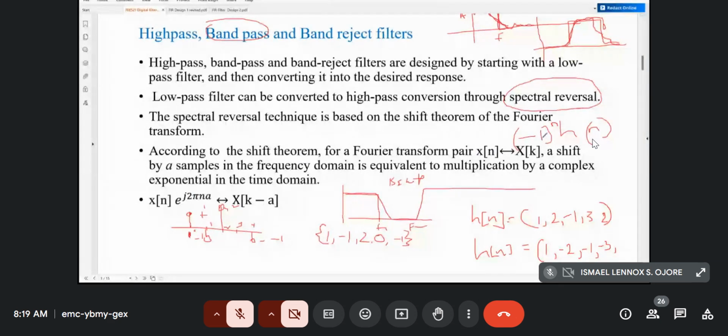It is actually -1 to the n, so it's cos pi to the n. Anyway, you can check through this. Alternatively, you can go through it again. I'm trying to remember, but that is how you end up getting the spectral reversal.